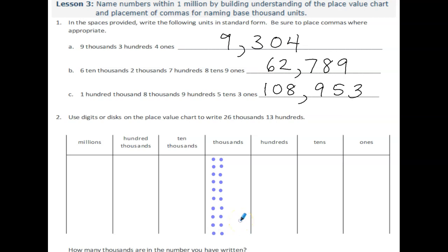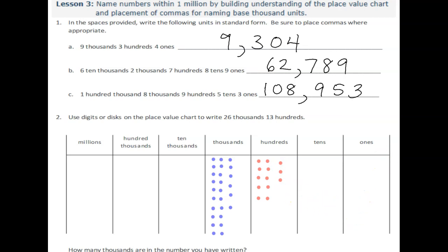So now I have my 20, and now I need 6 more. 1, 2, 3, 4, 5, 6. So I have 26,000. I'm going to put my 1300s. Let's make those red. 1, 2, 3, 4, 5, 6, 7, 8, 9, 10, 11, 12, 13.